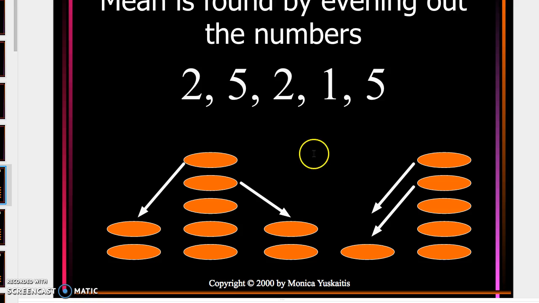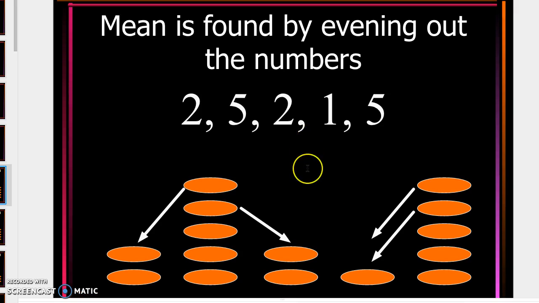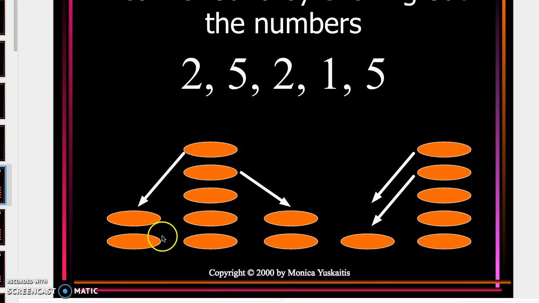So mean is found by evening out the numbers. Basically there's a picture to represent these 5 numbers. There's 2 right here, 5 right here, 2 right here, 1 here, and 5 here. And basically what I'm doing is making the piles evenly spaced out.